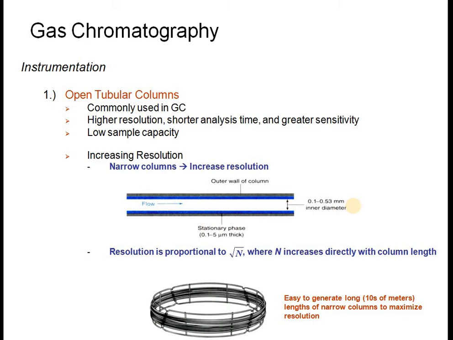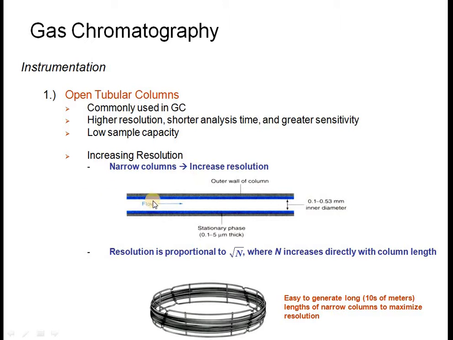Open tubular column, commonly used in gas chromatography: high resolution, shorter analysis time, and greater sensitivity, but low sample capacity. Increasing resolution: when columns are narrow, resolution is increased. So for high resolution we can use narrow columns.